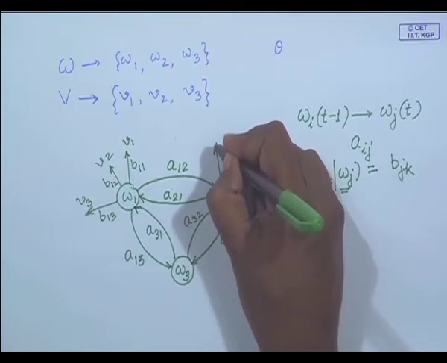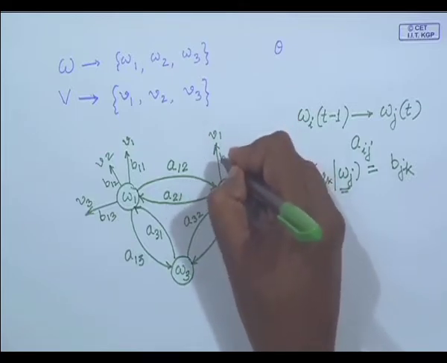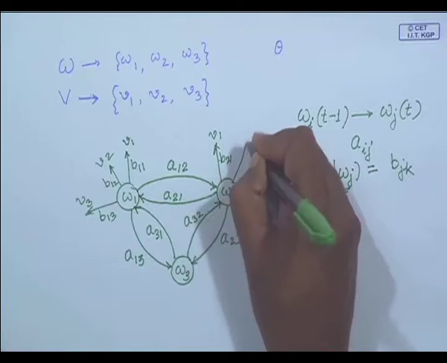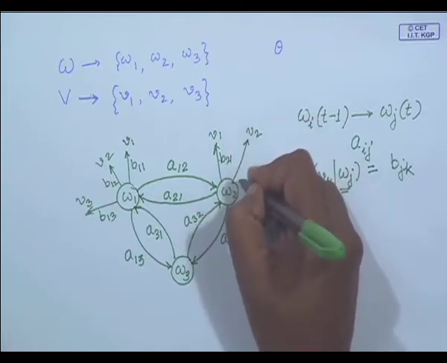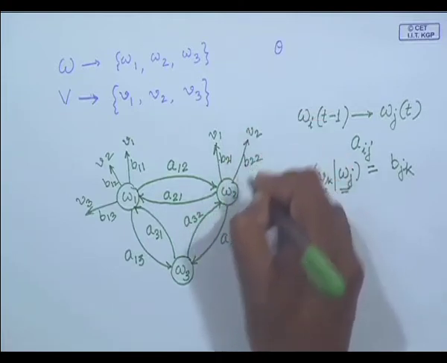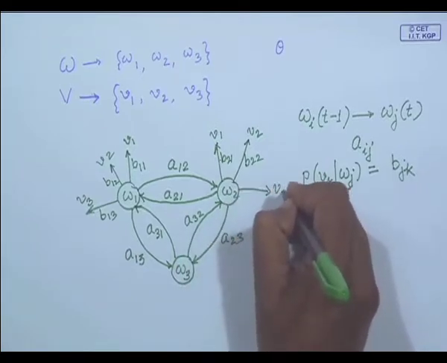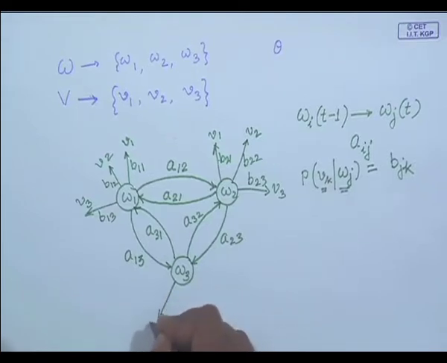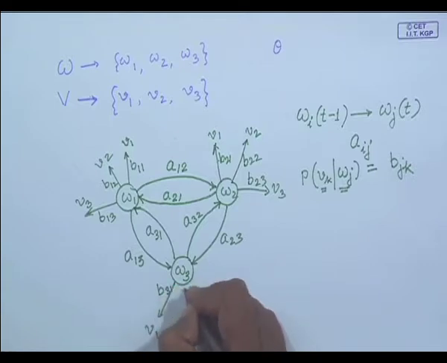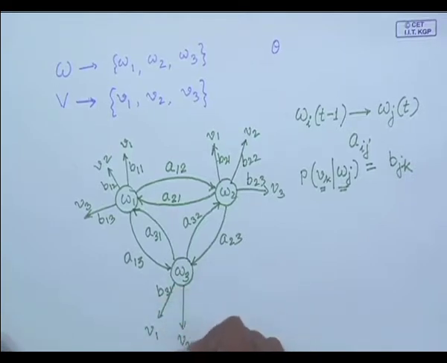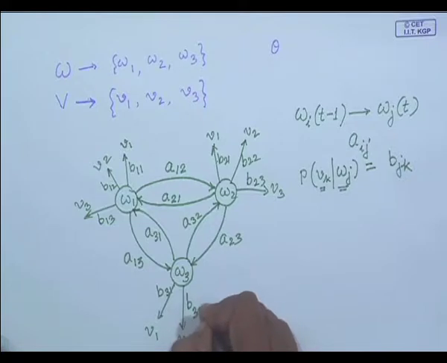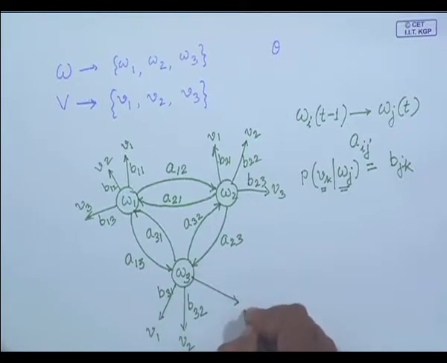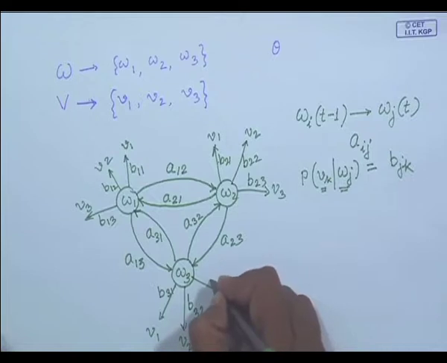Similarly, from omega 2, v1 is emitted with probability b21, v2 is emitted with probability b22, and v3 is emitted with probability b23. From omega 3, v1 is emitted with probability b31, v2 is emitted with probability b32, and v3 is emitted with probability b33.